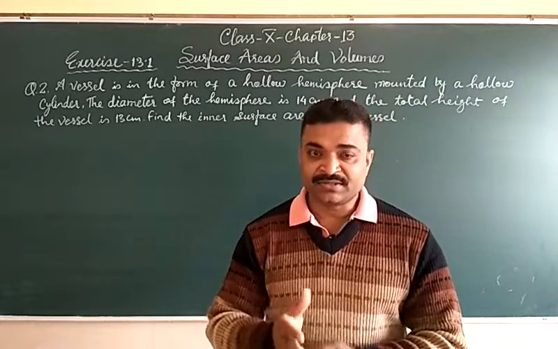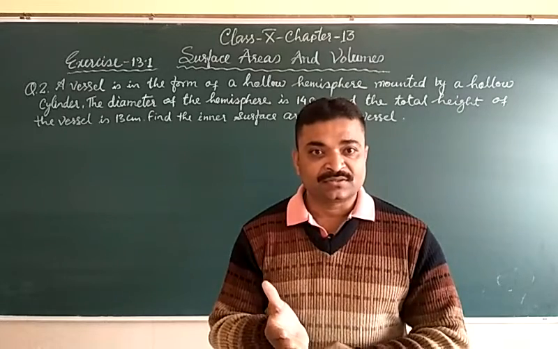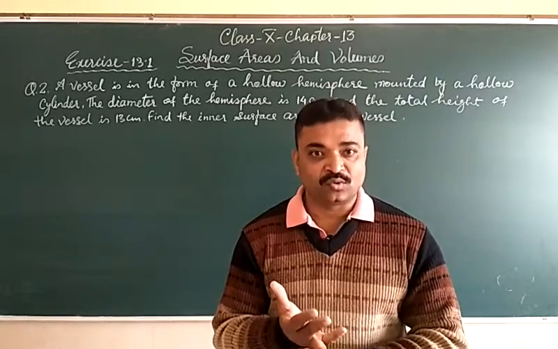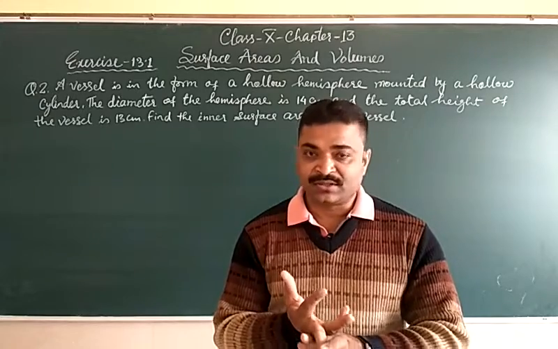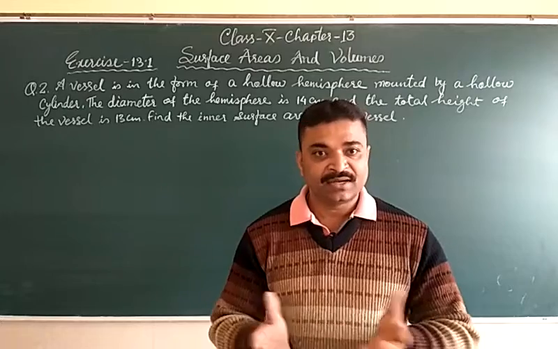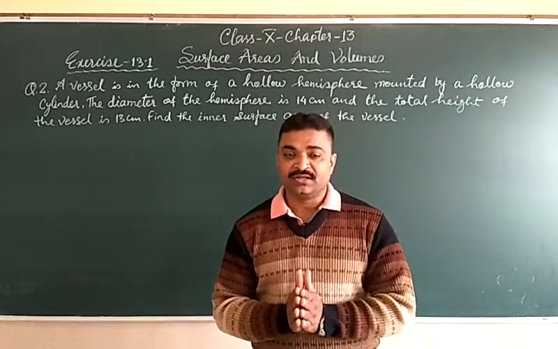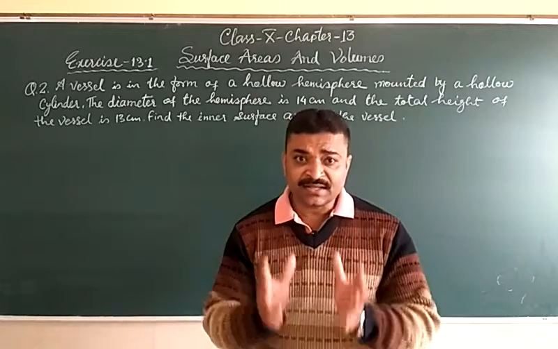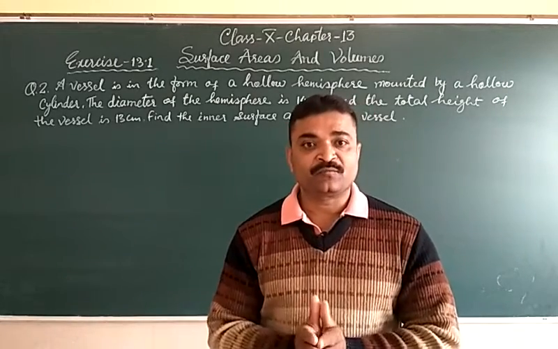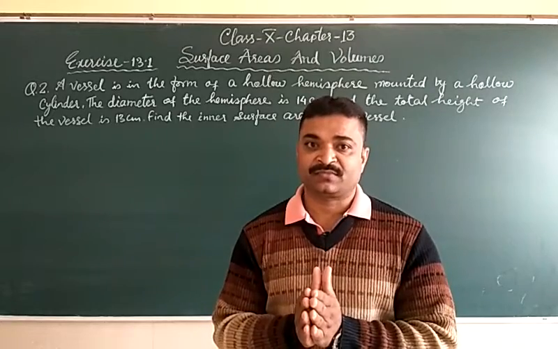Clear? That means we can take examples: cylinder, cone, then spheres, cubes, cuboids, etc. In this chapter we are going to study how to find the areas and volumes of two solids or a combination of two solids.